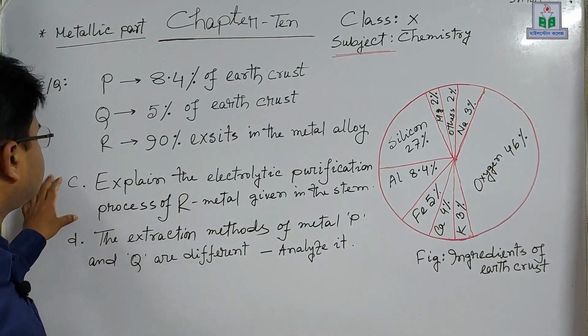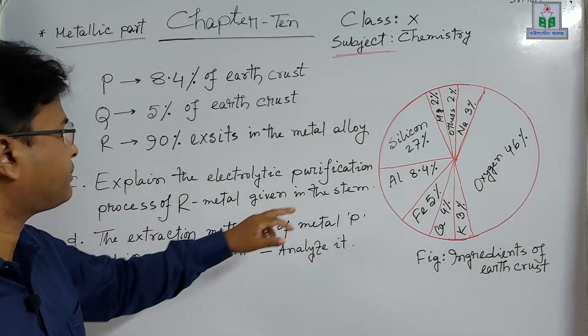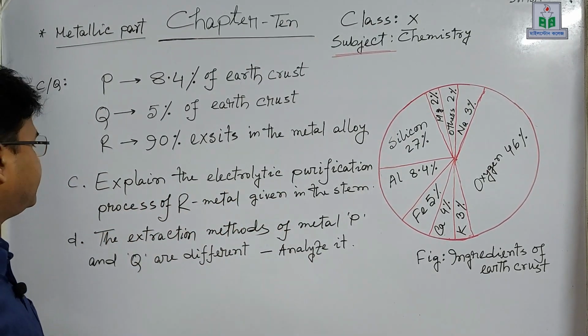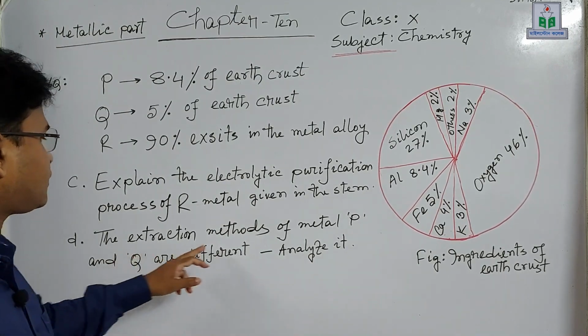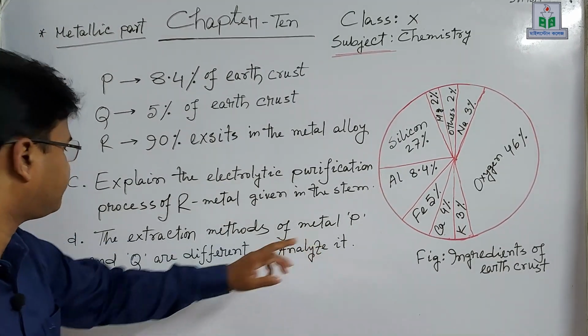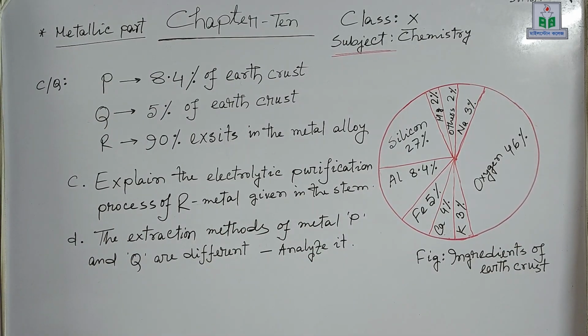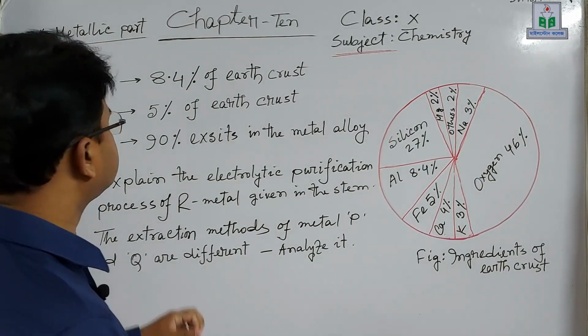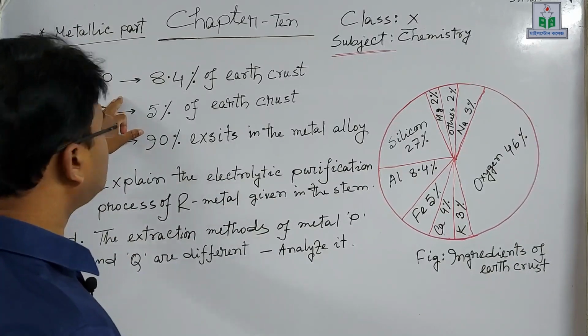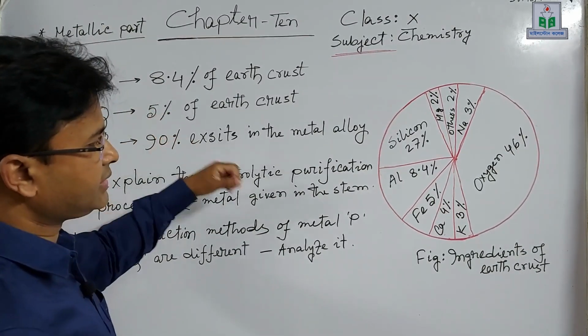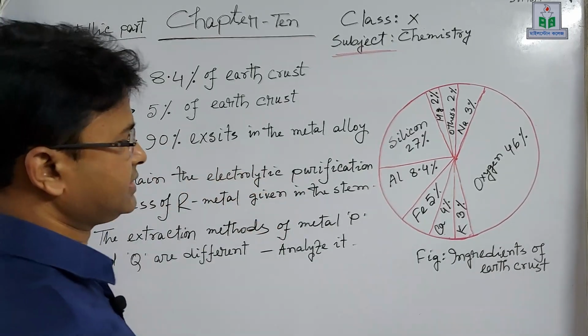So the question is: explain the electrolytic purification process of R metal given in the stem, and the extraction methods of metals P and Q are different. Analyze it.